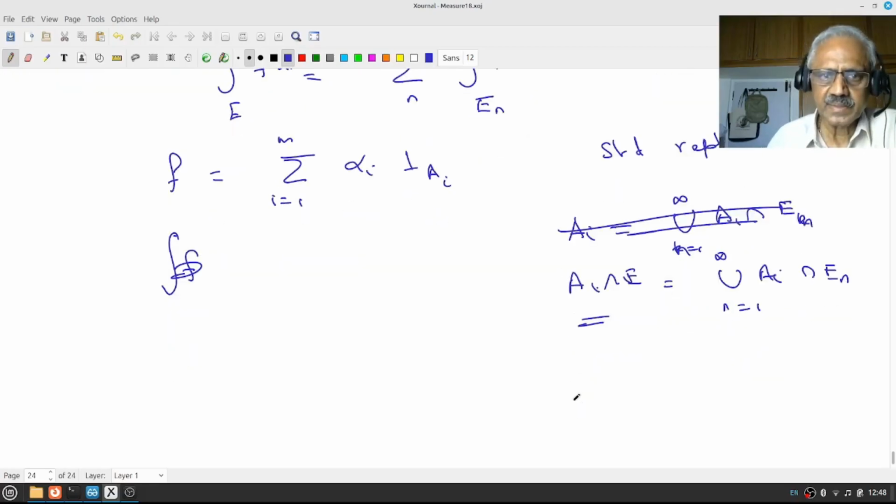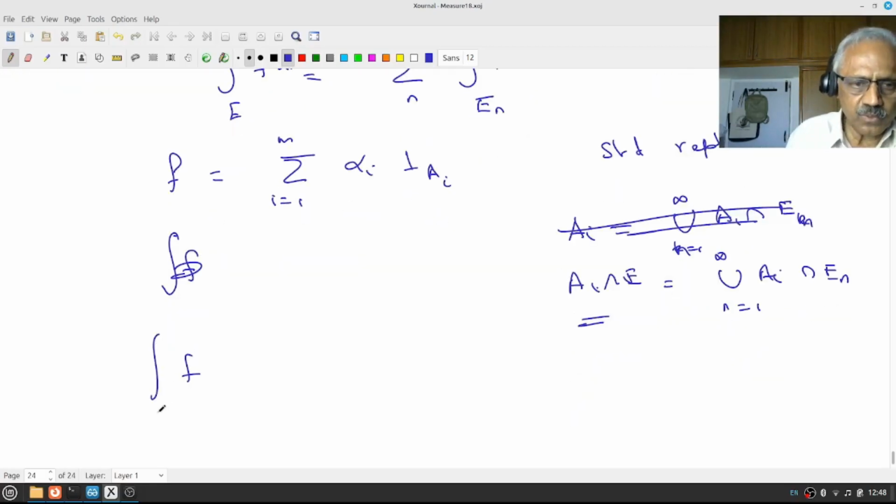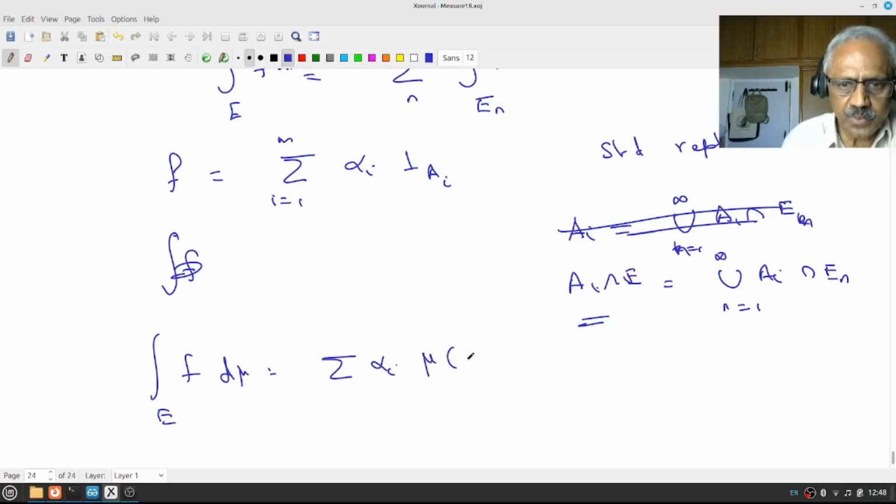Correct? Now, the integral of f over E by definition is summation alpha_i mu of A_i intersection E.